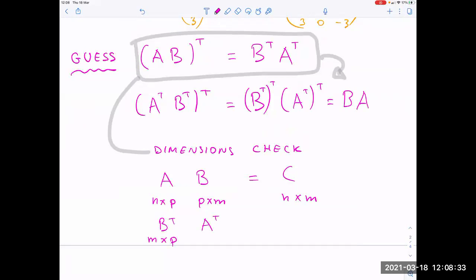When I compute A transpose, this is going to be P times N. And so the resulting matrix D is going to be M times N.